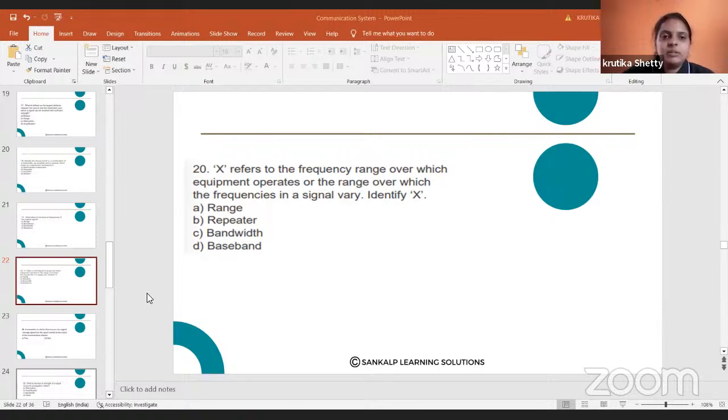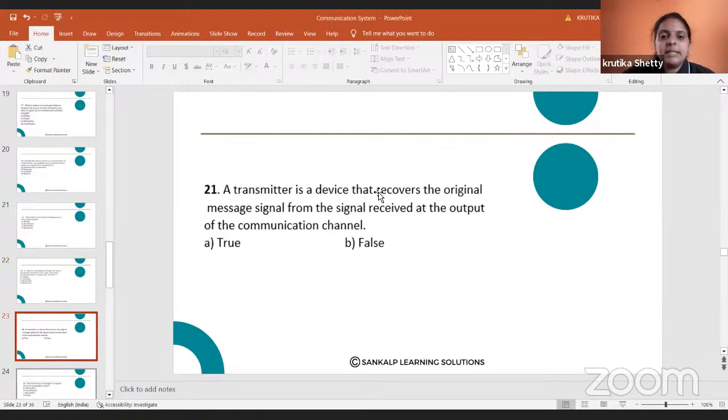Then the next question. A transmitter is a device that recovers the original message signal from the signal received at the output of the communication channel. So here they are saying that a transmitter is a device that recovers the original message signal from the signal received at the output of the communication channel. So does this work for a transmitter or some other device?